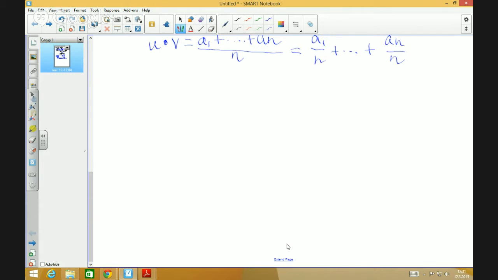Okay, so let's try to refresh our memory of lines now. So let's look at lines in three-dimensional space. I'm going to give you 2 points, A, whose coordinates are 1, 0, 1, and a point B, whose coordinates are 0, 0, 1.